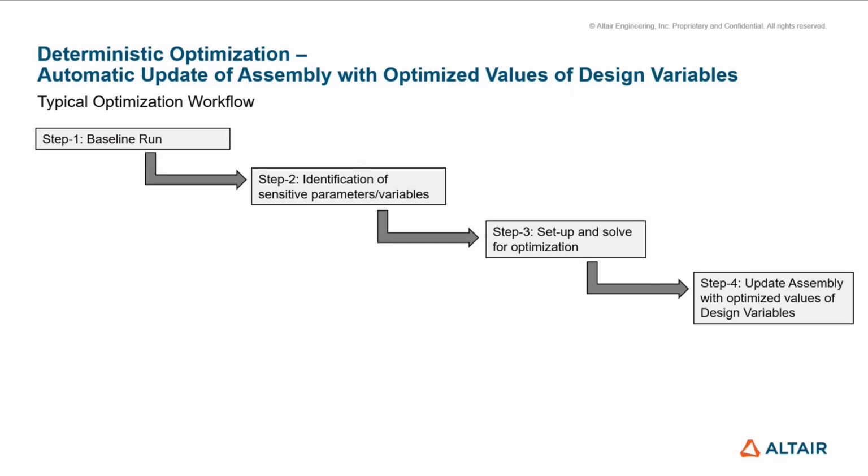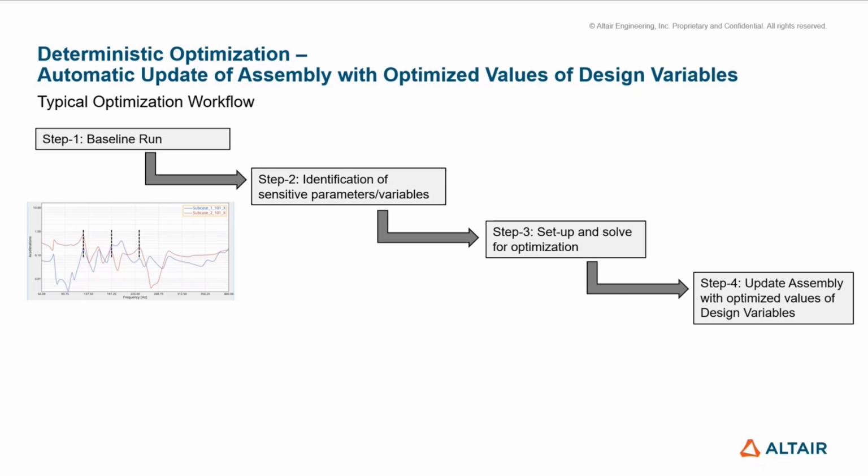Once that is done, the user goes ahead, sets up the problem for optimization and solves it. Up to this point, it's all good. The next and important step is updating the assembly with optimized values of design variables.